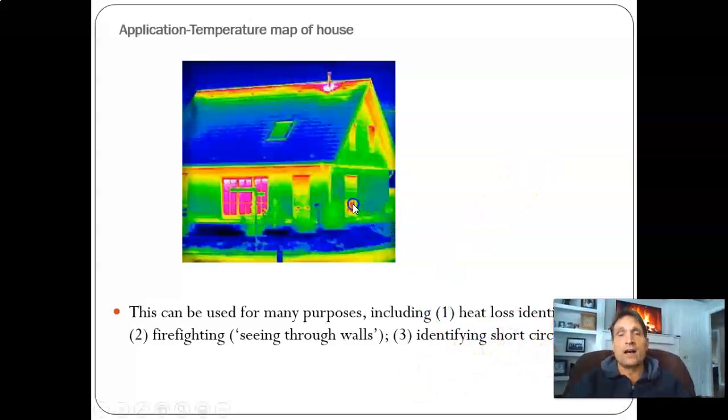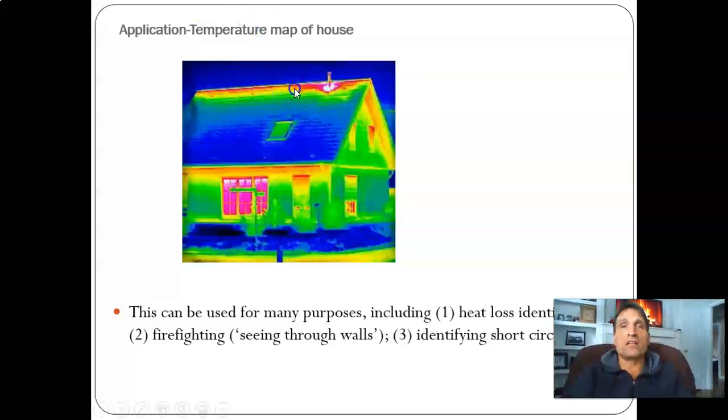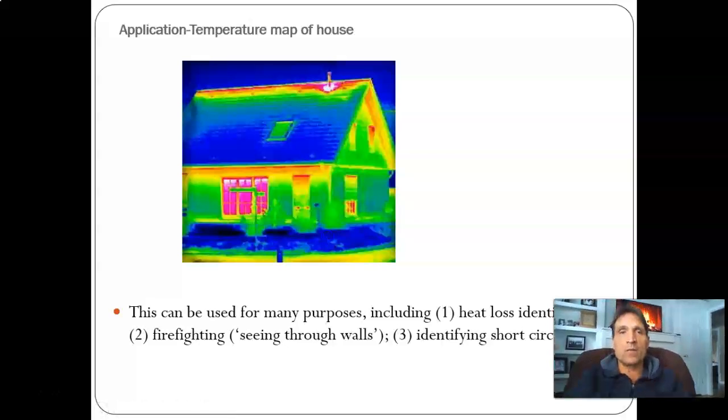Okay, so on these maps, higher temperatures are typically represented by warmer colors, your red, your yellow, and lower temperatures are typically represented by cooler colors, your blues and your violets. And so we can see here that there's heat being lost through the roof, through the windows, through the base. And so these can be used to determine how to better insulate the house or where the heat loss is.